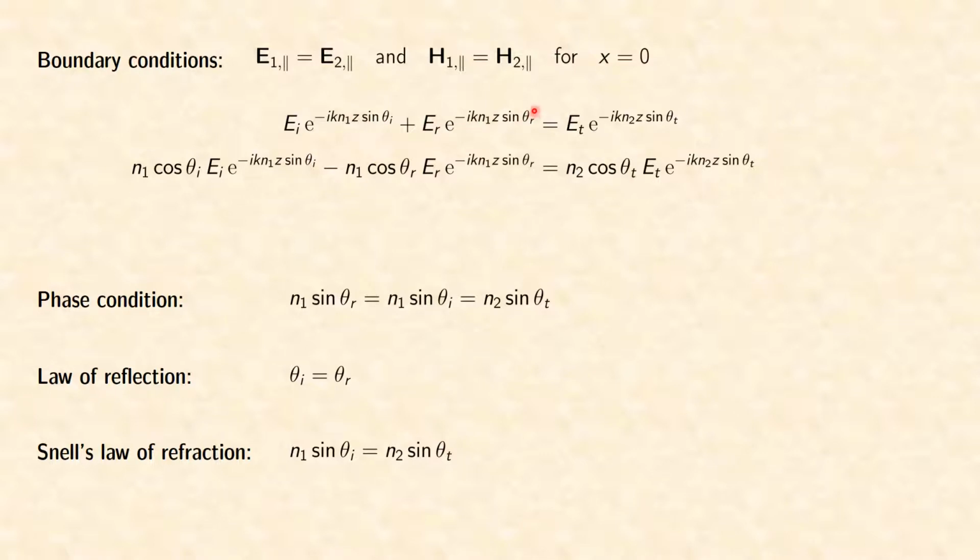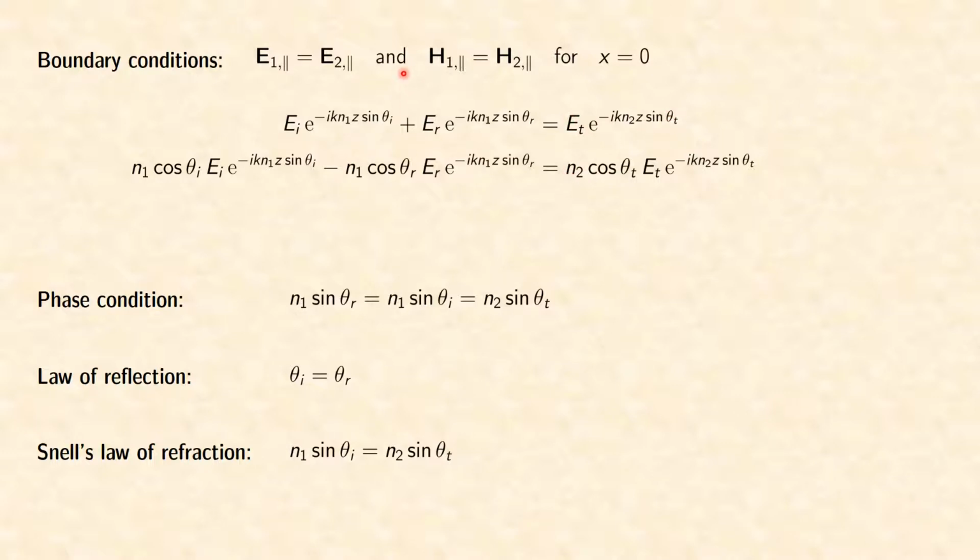So we have to build a superposition of these two fields. The phase factor is reduced because x is 0, and therefore the first term in the phase vanishes. The left-hand side of this equation is the field in material 1, and the right-hand side is the field in material 2, which is the transmitted field.